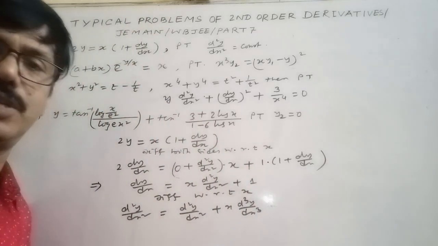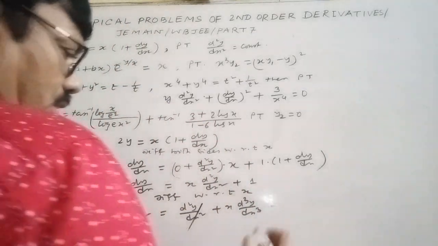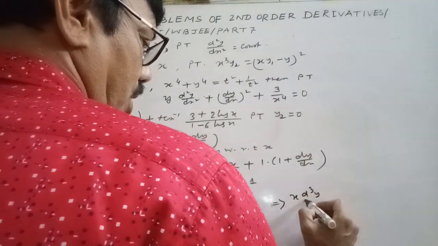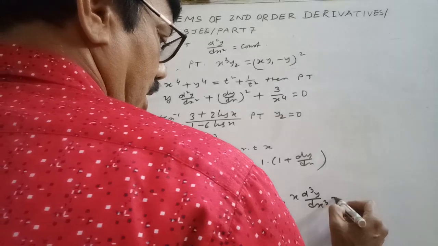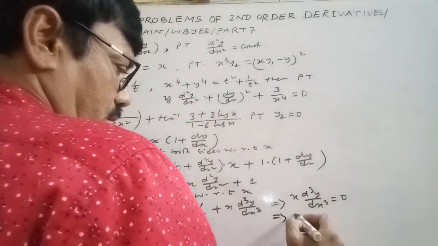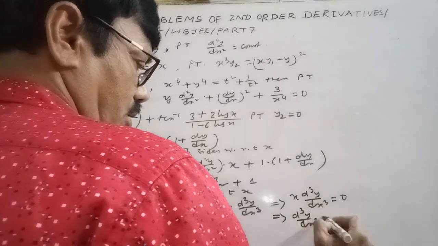Derivative of 1 is 0. So d2y/dx2 is cancelled. So x into d3y/dx3 equals 0. Since x is not equal to 0, d3y/dx3 equals 0.